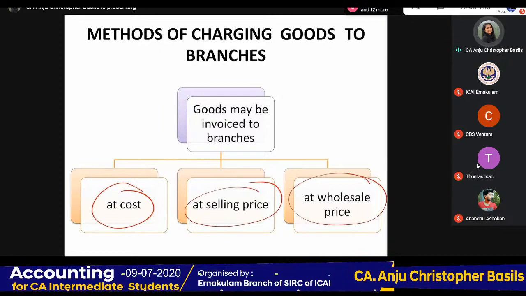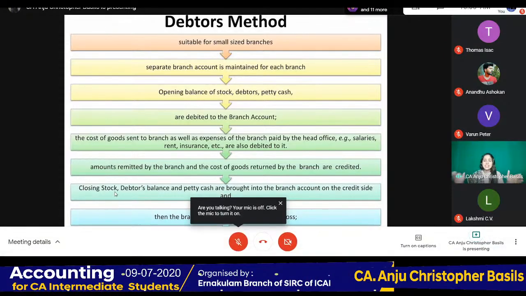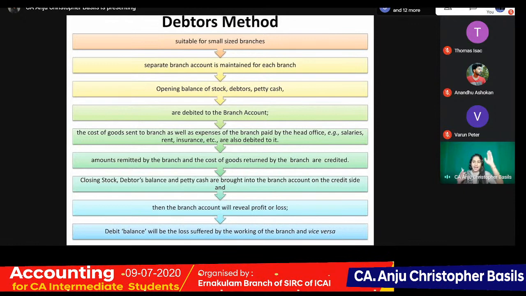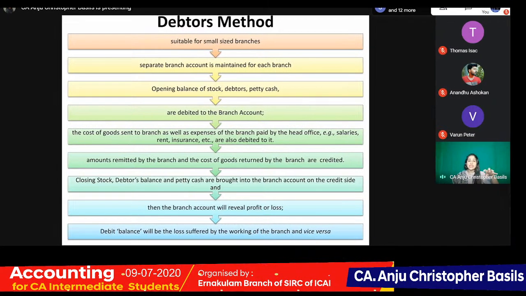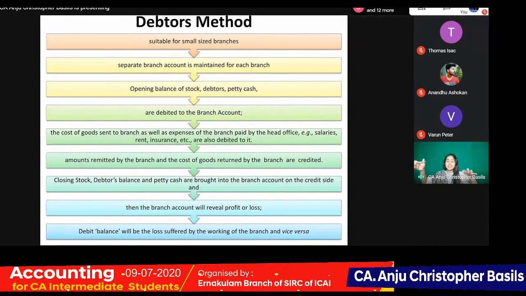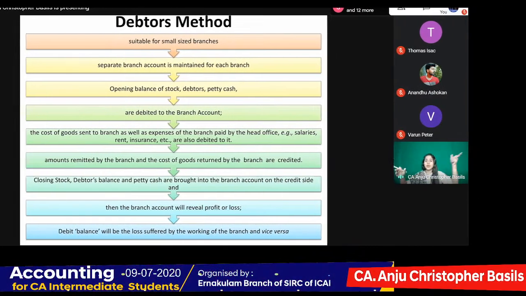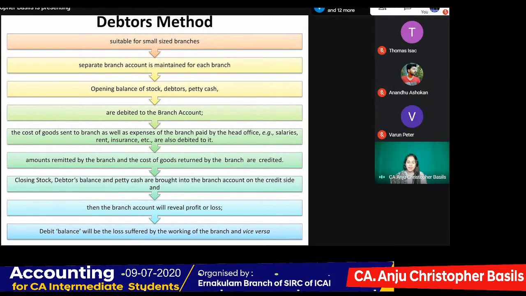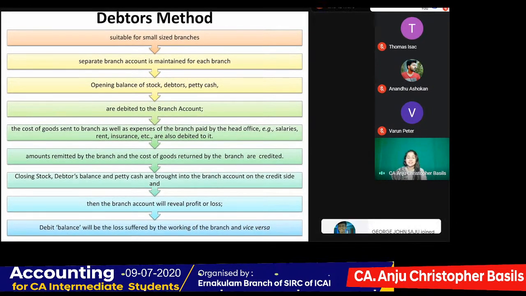In the debtors method, all the different ledgers will be pulled together under one single ledger. You call it debtors. All the opening balances are on the debit side, all the closing balances on the credit side, the goods received on the debit, goods returned on the credit, and the actual cash remitted to head office also on the credit side. This is how we prepare it under the debtors method.